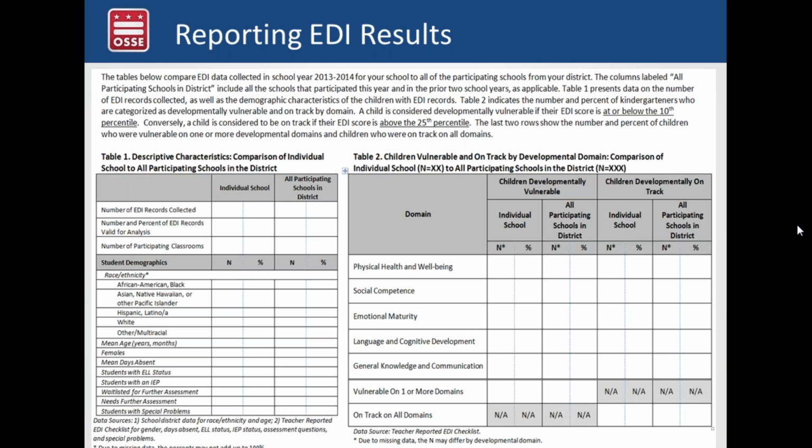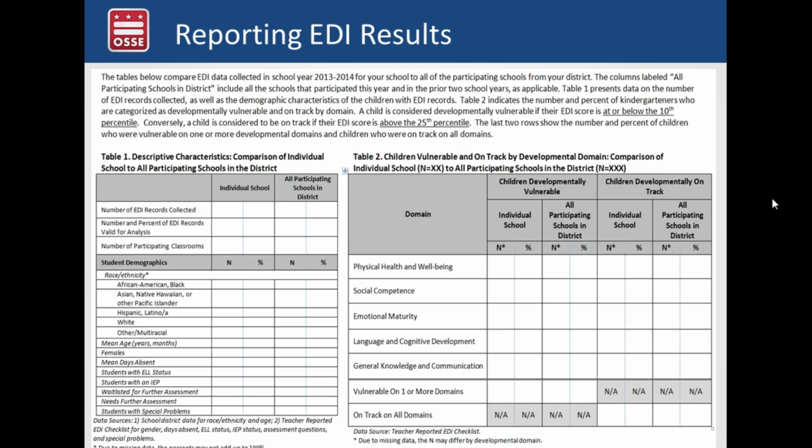Great question. Part of the process of filling out the EDI, before teachers fill out the EDI, each participating LEA, school or center, submits, actually OSSE generates a student roster and asks that LEA to verify the accuracy of that roster. That roster comes to UCLA and we upload it.